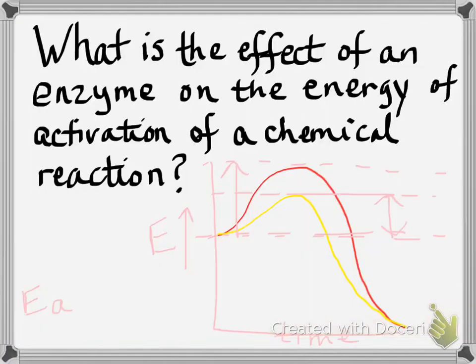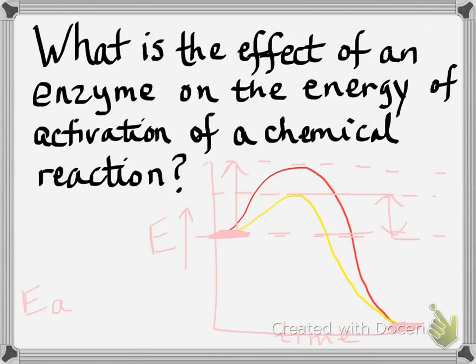All right, the next part of that question says, what's the effect of an enzyme on the energy of activation of a chemical reaction? Now, guys, I drew a chemical reaction up here. This is an exergonic reaction, an energy-releasing reaction, you may remember, because the energy of the reactants is higher than the energy of the products, so this thing's going to give off energy.